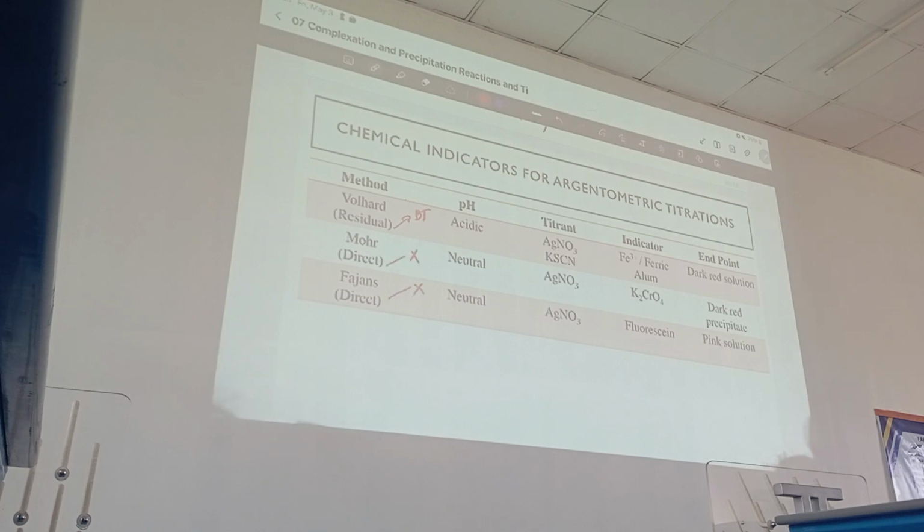Direct, no need. pH: acidic, neutral, neutral. Titrant: AgNO3. Then this is back titration, AgNO3 and AgNO3. Indicator: what is DCF? DCF. Then the endpoint value. Take note. Memorize. Memorize. Time is running out.